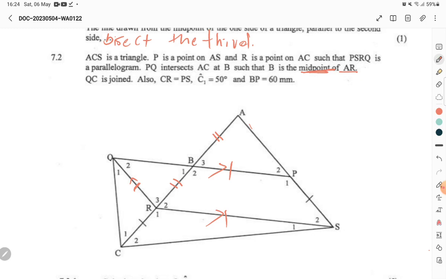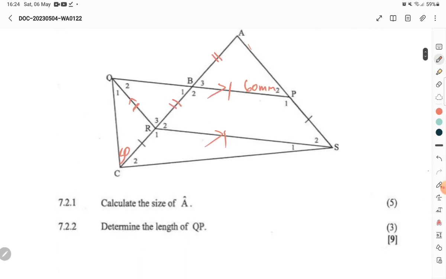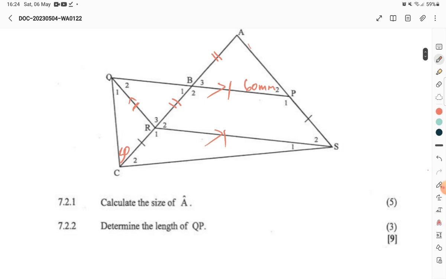C1 is equal to 50 degrees, which we can add here so that we don't forget it. We also have BP given to be 60 millimeters. BP is this line over there. So we have that information in this diagram that we have to use effectively to find the missing information.